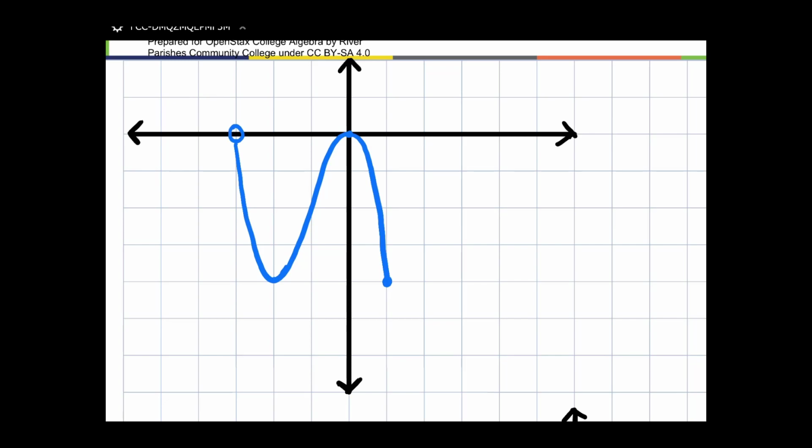Okay, so domain, the leftmost point is here, which looks like it's the point (-3, 0), right? So the leftmost x is -3. And there was an open circle, so we're going to use parentheses.